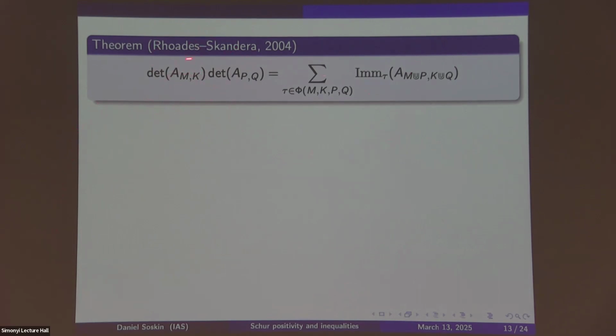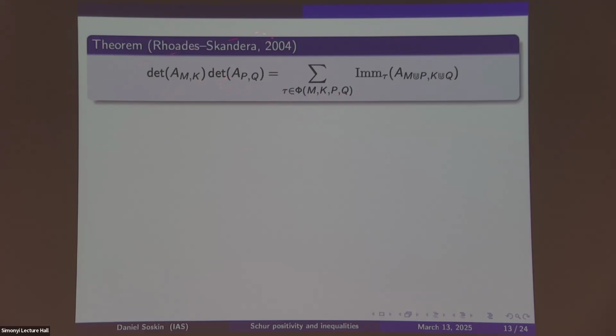We can take any two minors of a matrix A, and express the product of two minors as a linear combination of Temperley-Lieb immanants evaluated on the matrix where we take a multiset union of row sets M and P and column sets K and Q. Later I will describe how, given these four index sets for rows and columns, we can find the corresponding Kauffman diagrams tau which are compatible with them.